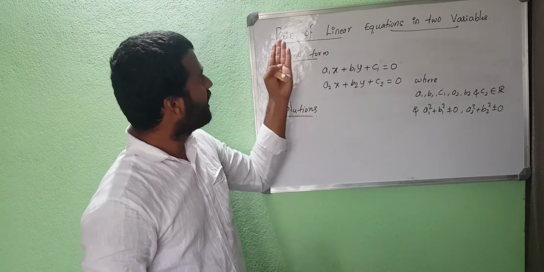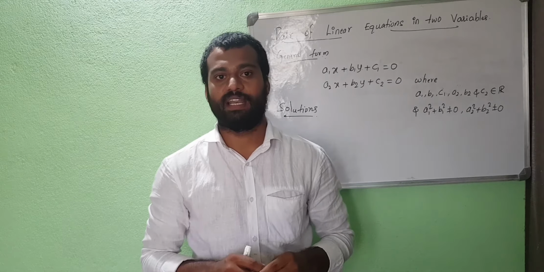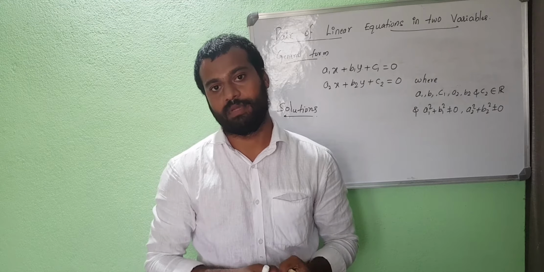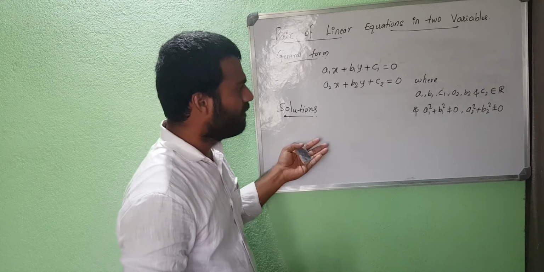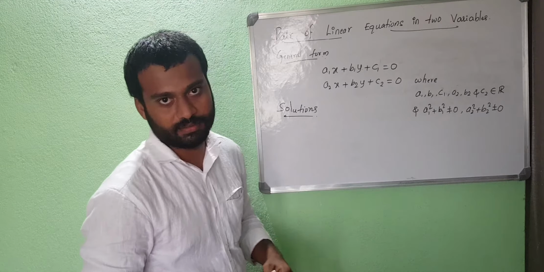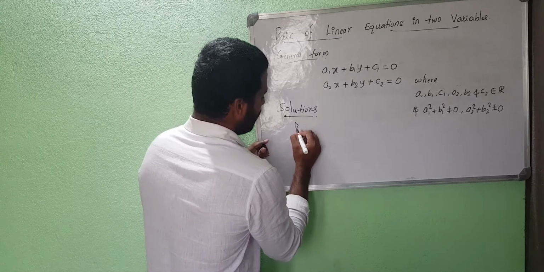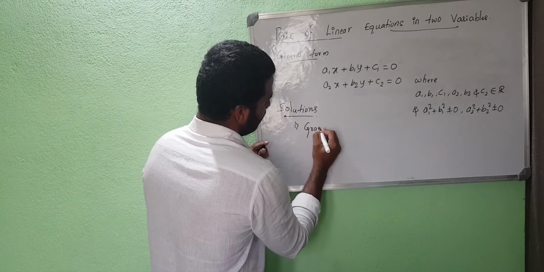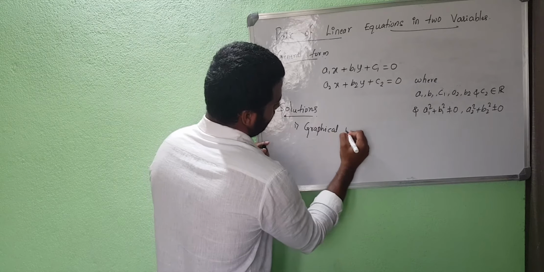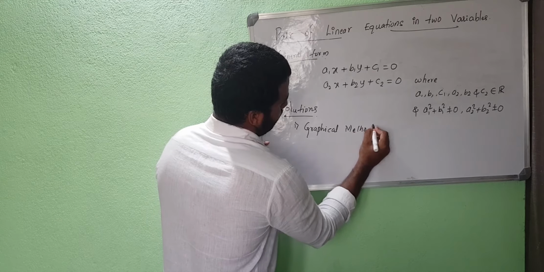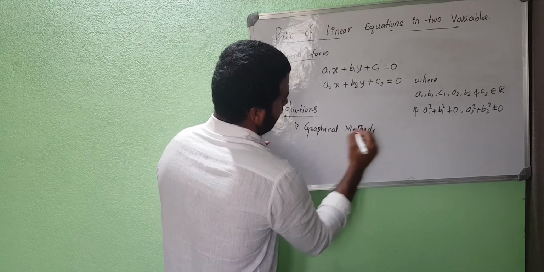There are two methods. The first one is the algebraic method. The second one is the geometrical method, nothing but the graphical method. First we'll go to the graphical method.